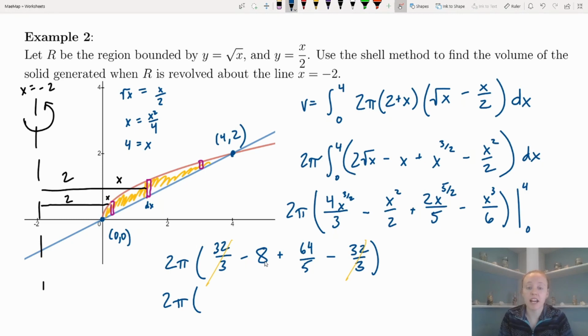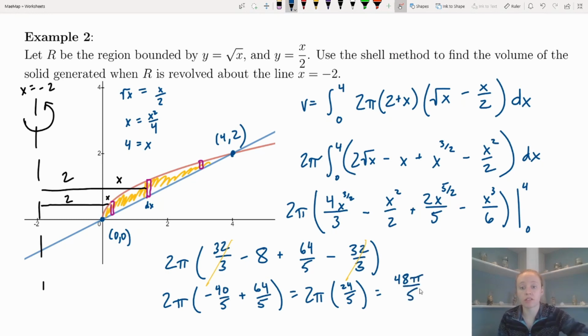So rewriting -8 in terms of fifths, that's going to be -40/5, and I'm adding that to 64/5, which leaves me with 2 pi times 24/5, which, when distributing that 2 pi to that fraction, will be 48 pi over 5. That is the volume of my region revolved around the line x equals -2.